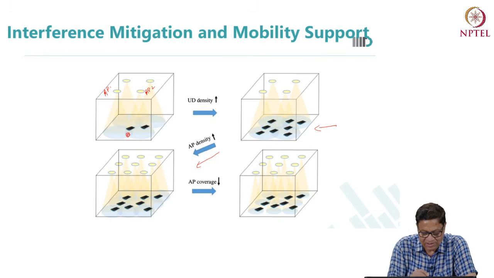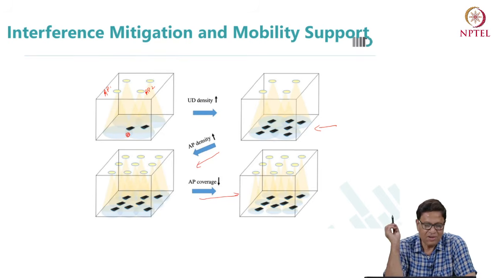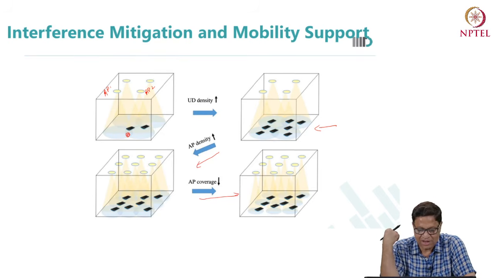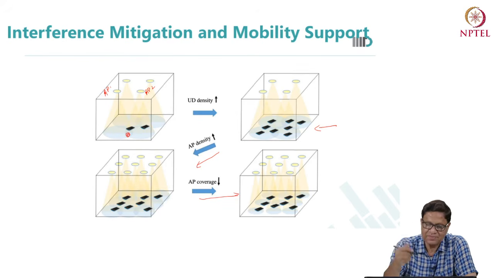And also it depends on the coverage of each access point, that is AP coverage. So that also is going to affect your design. So while designing your system, you have to take care of interference mitigation, and you should be able to handle the mobility of the users.